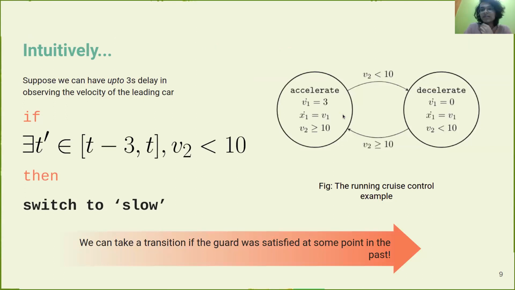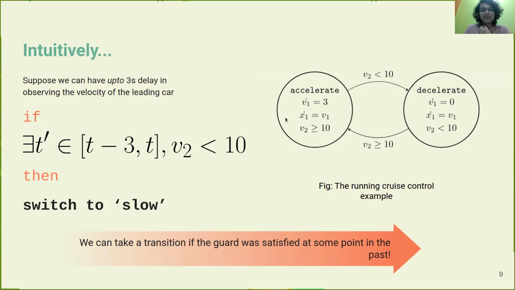Now, intuitively, let us try to see when the guard condition would be satisfied in the case of our oversimplified cruise control hybrid automaton model. Now, suppose we have up to a 3-second delay in observing the velocity of the leading car, which in our case is v2.